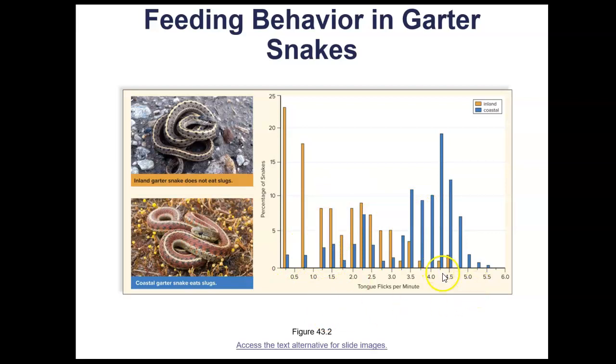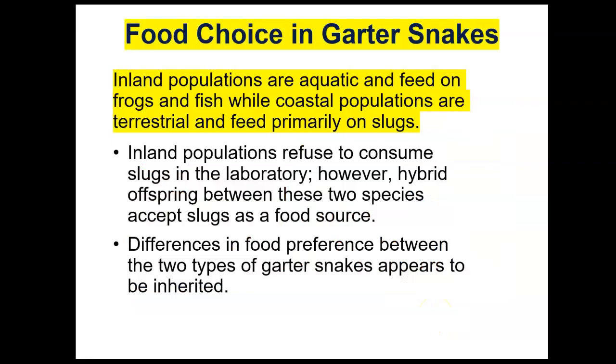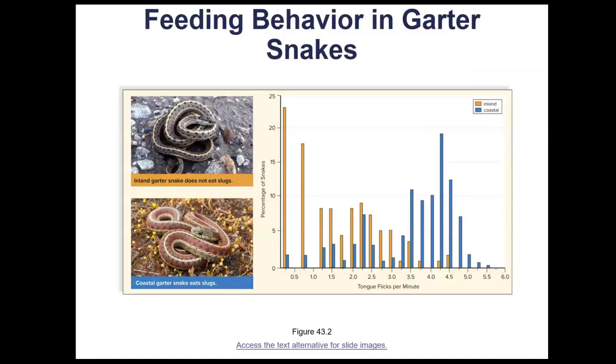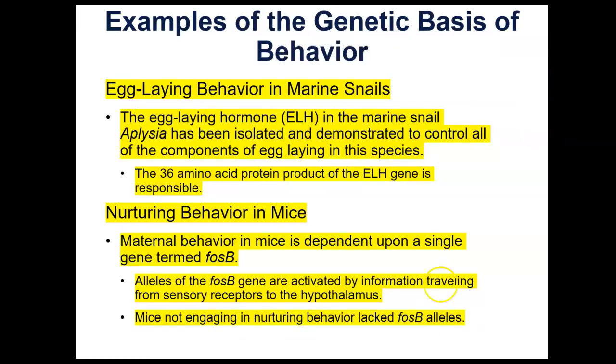They measured tongue flicks per minute. When presented with a slug, the coastal variety of garter snake had a lot more tongue flicks per minute, meaning they were more interested. They were smelling the slugs, basically. The graph doesn't show the hybrid offspring, but the hybrid offspring also would accept slugs as a food source, which suggests that this behavior may be genetic.